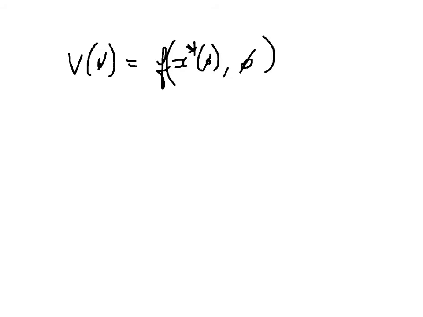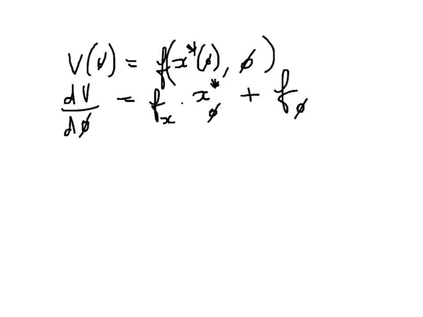And if I now look at the derivative of v with respect to phi, applying again the chain rule, partial derivative of f with respect to x times partial derivative of x star with respect to phi, plus partial derivative of f with respect to phi. I'm sorry, phi.